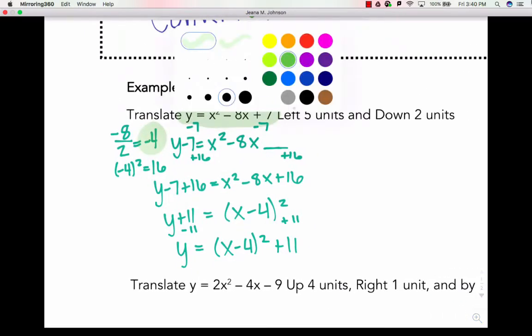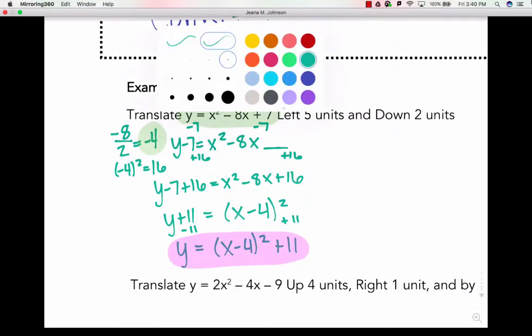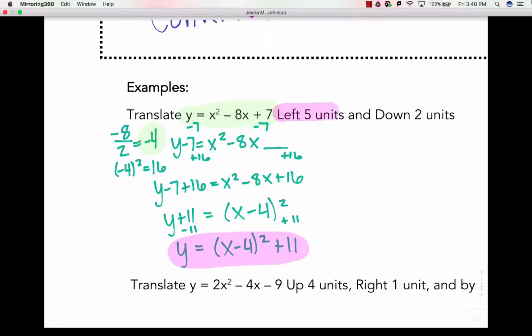So now that this equation is in vertex form, I'm going to translate it left 5 and down 2. So I'm going to think through my translations. With my h, it is going from -4 left 5. If we're moving left, then that means we're adding. -4 plus 5 is 1.